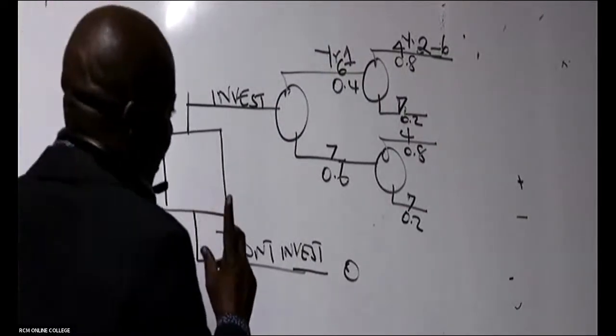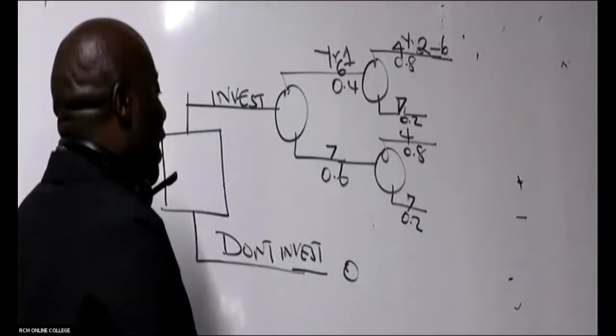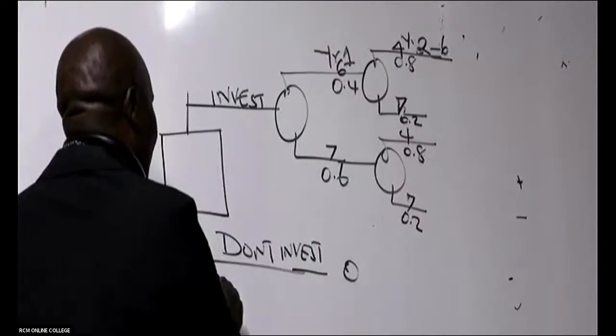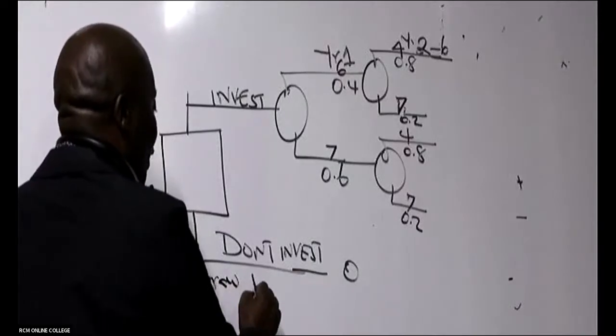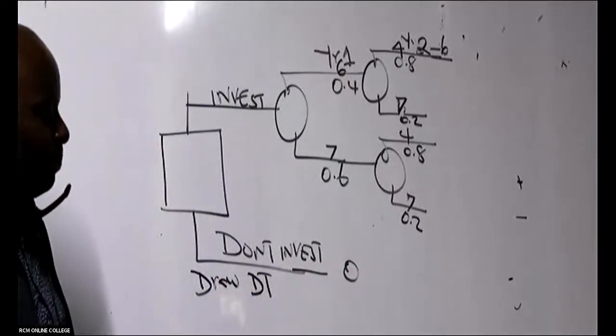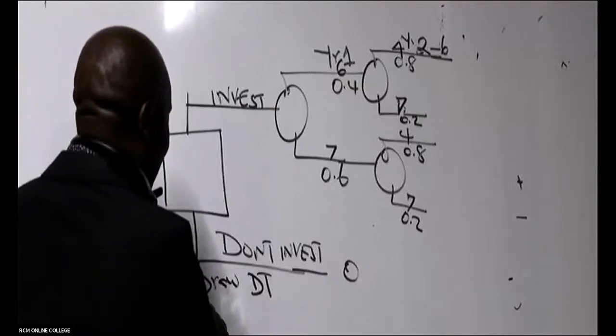Now, ladies and gentlemen, please do me a favor. Whenever it comes to decision trees, the first thing you need to do is to draw. Step number 1, you draw the decision tree. Step number 2, give us discounting factors.